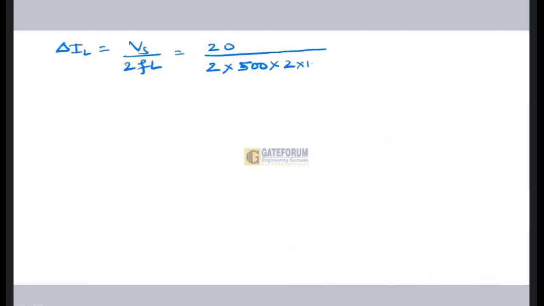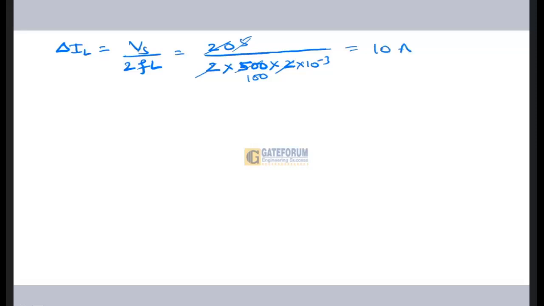So this will be 20 divided by 2 times 500 times 2 times 10 to the minus 3, so it will become 10 ampere.